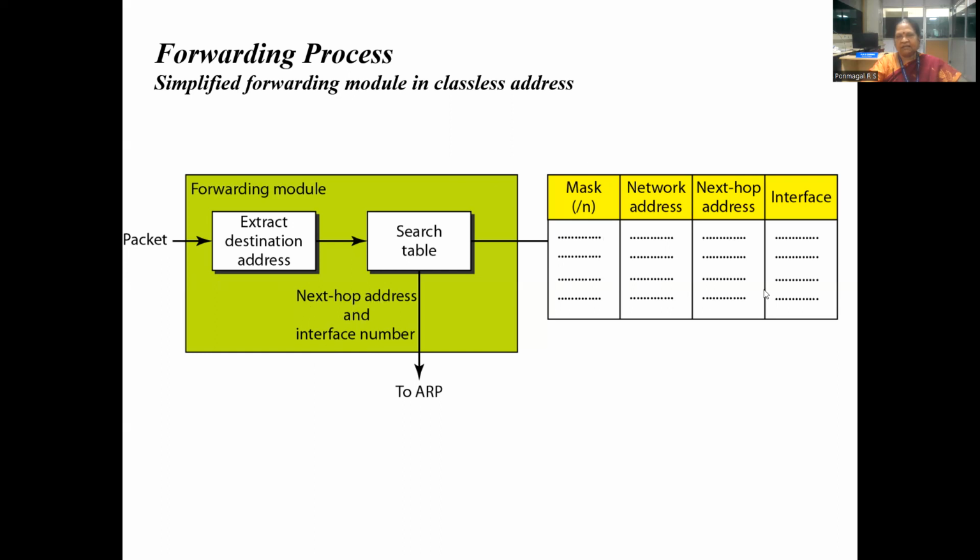The search table will have all these entries: the mask /n, network address, next hop address, and the interface. From the search table, the next hop address and interface number go to the address resolution protocol, which we have discussed in the data link layer.